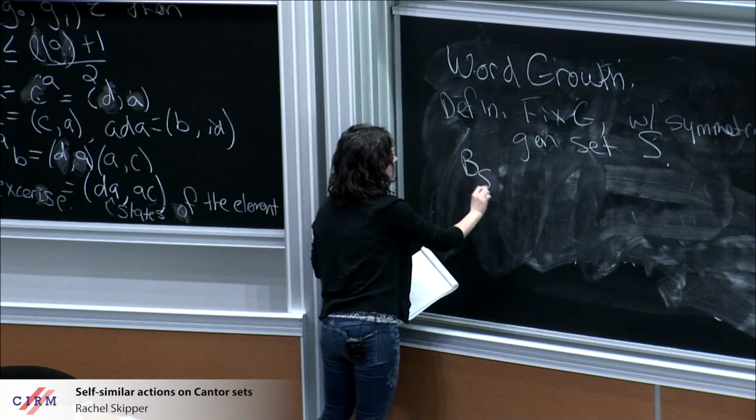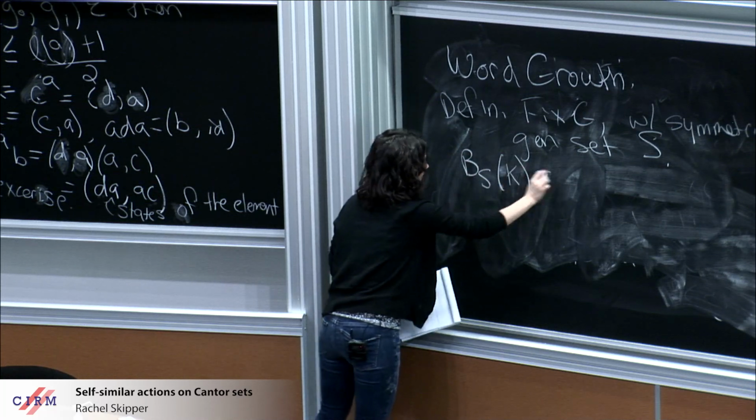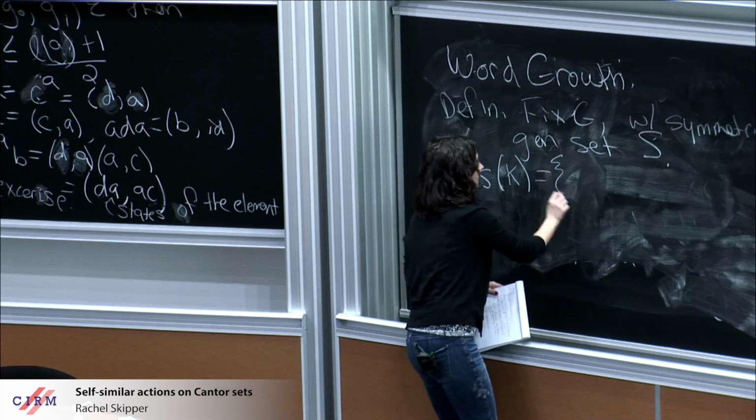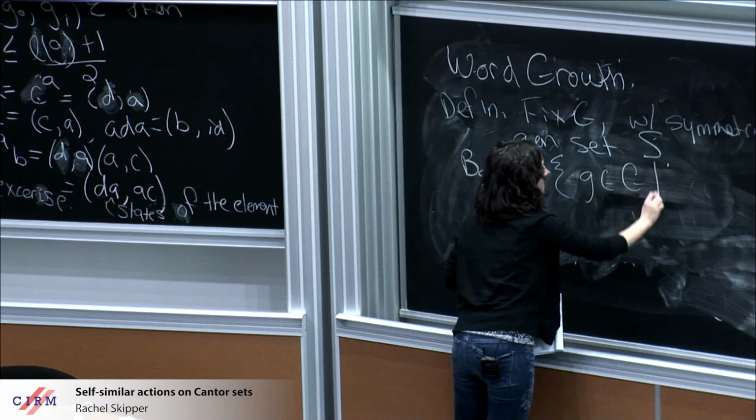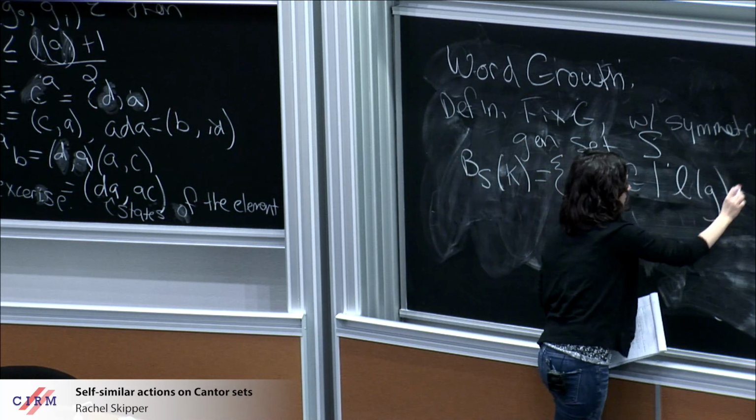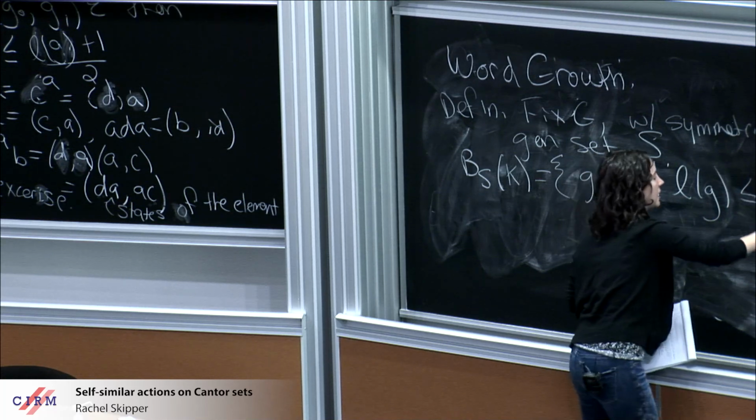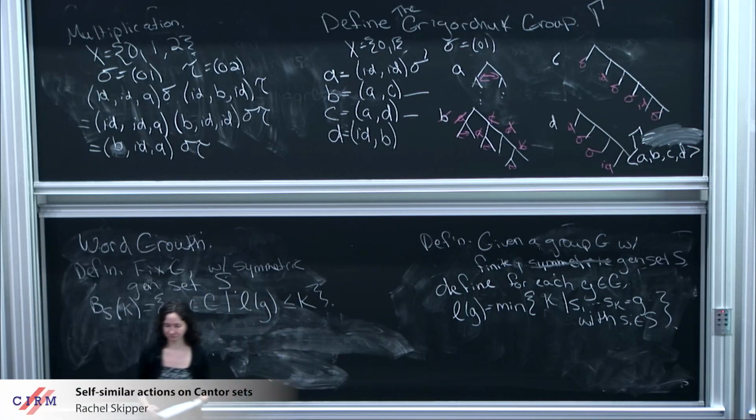The ball of radius k in G is the set of elements g in G such that this length function we defined earlier is at most k. So we're just looking at all elements in the group of length at most k.